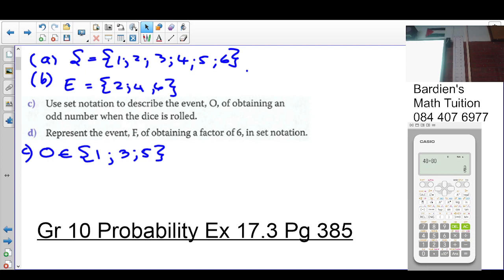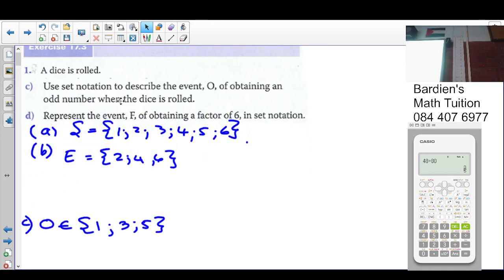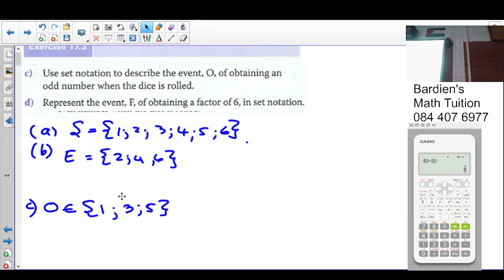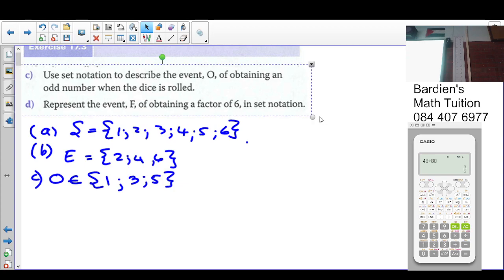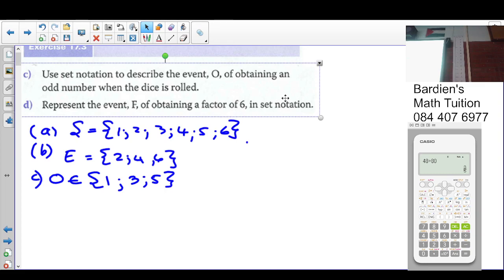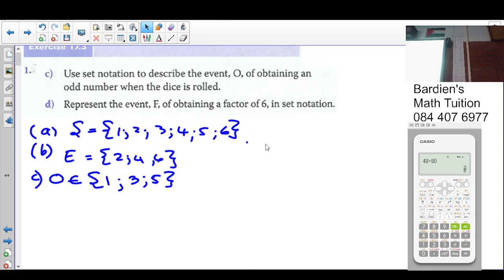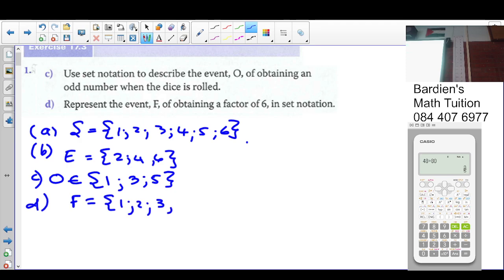Looks like we're going to have quite a bit here. So D, the factors of 6 are going to be 1, 2, 3, and 6.